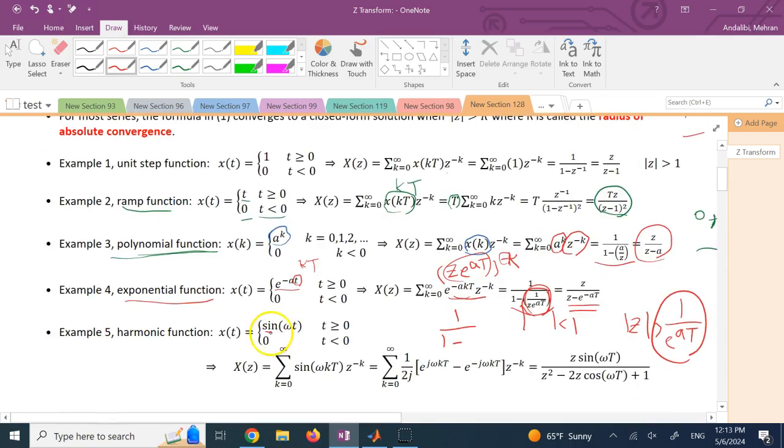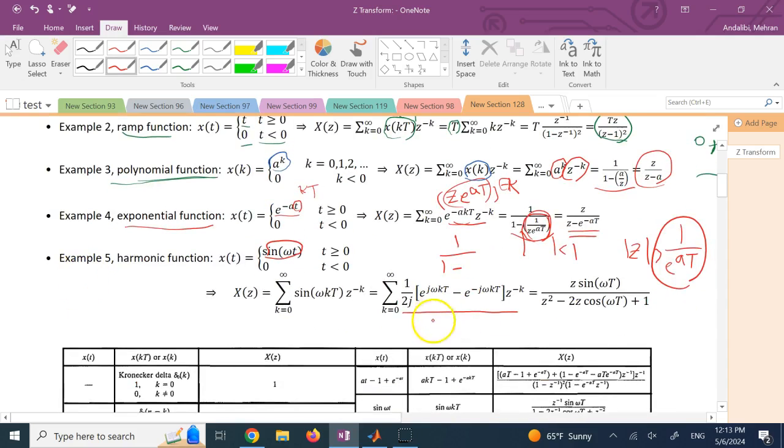And finally, a sine function. Now for sine function, we replace sine of omega t from complex numbers with 1 over 2j times e to the j omega t minus e to the negative j omega t. Do you remember that? Okay, this is that sine of omega t. And for t, we replace it with capital T times k.